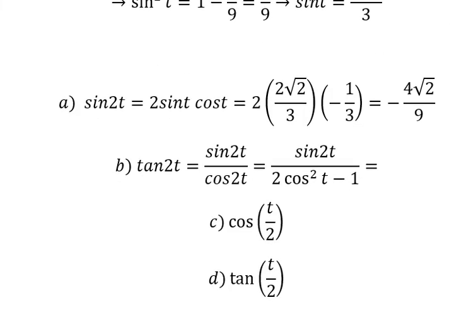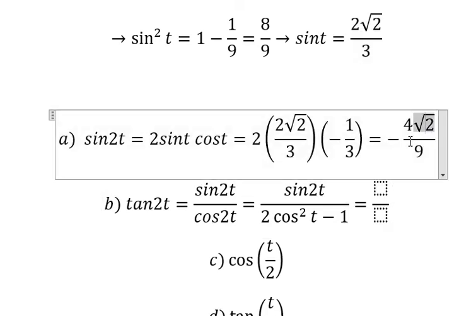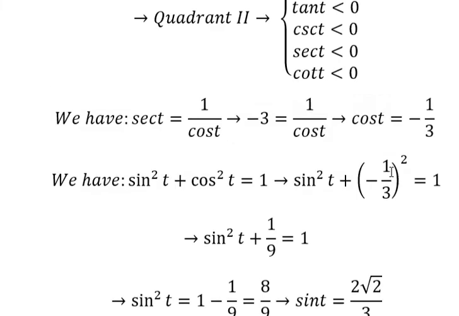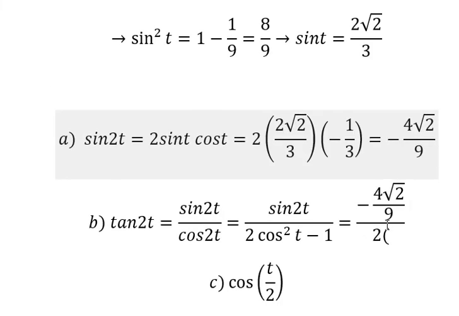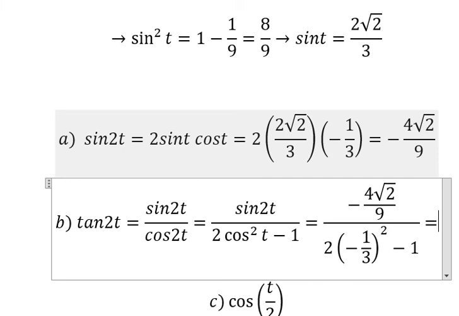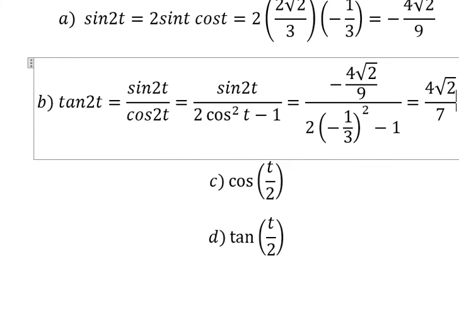So we just put the values in here. We calculate this. We have 4 times the square root of 2 over 7. And this is the answer for question B.